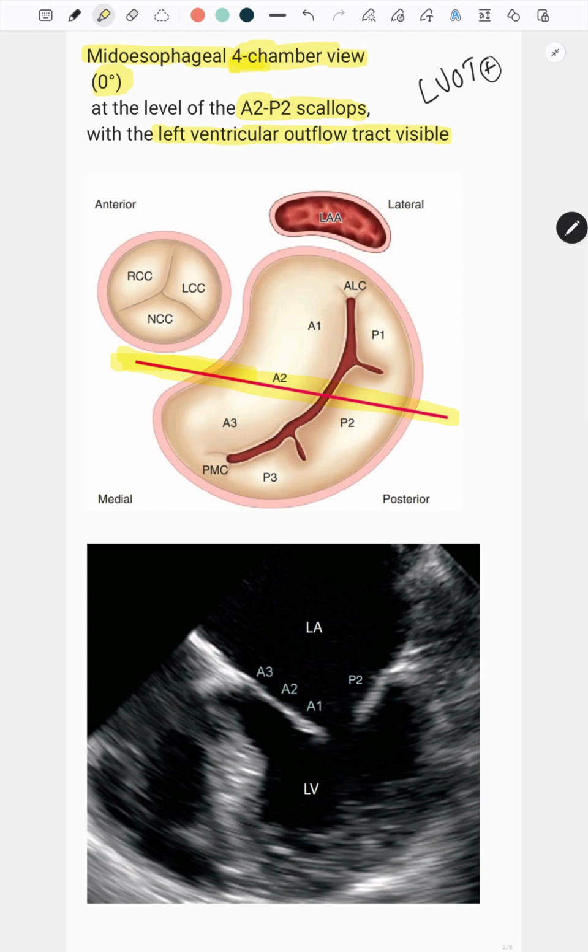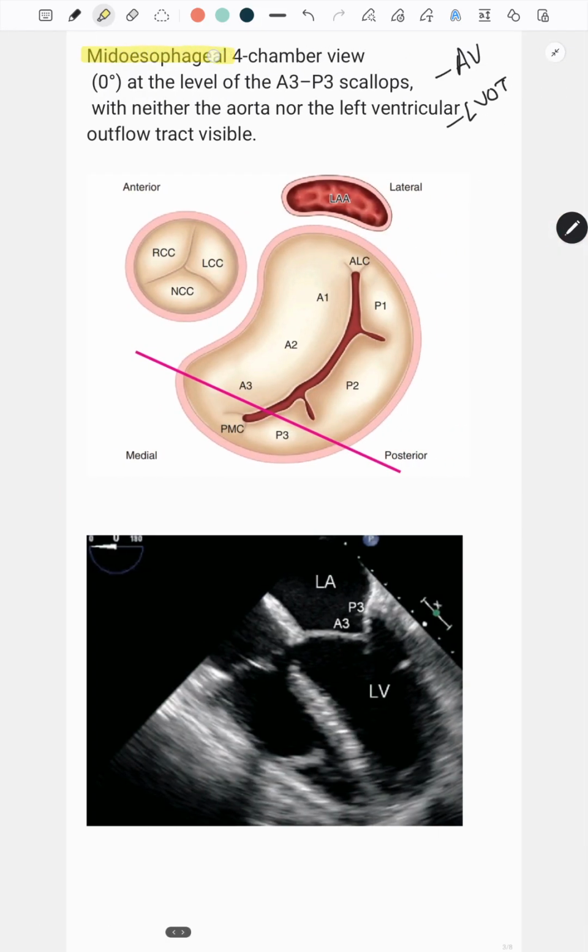On advancing the probe a little further in the mid-esophageal level, at around 30 centimeters from the incisor teeth, the A2 and P2 scallops are seen more pronounced in the 4-chamber view, where the LVOT is present.